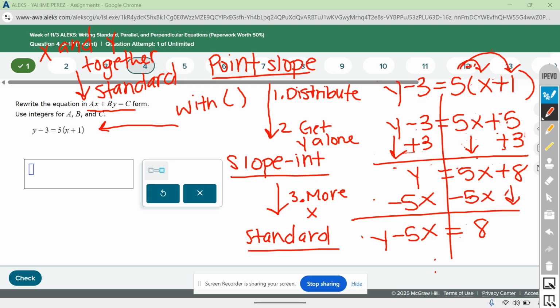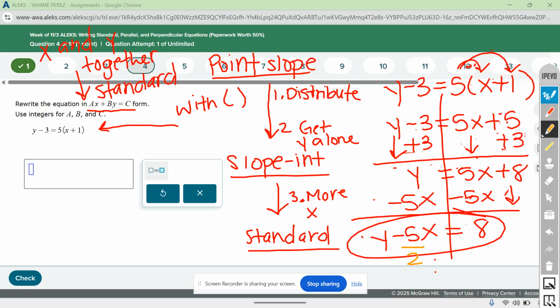Let's say this is the answer, but let's say I had a fraction. If it was a fraction, and we know that integers means whole numbers, not fractions.